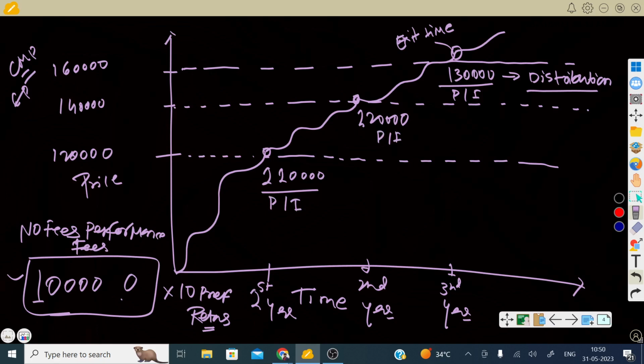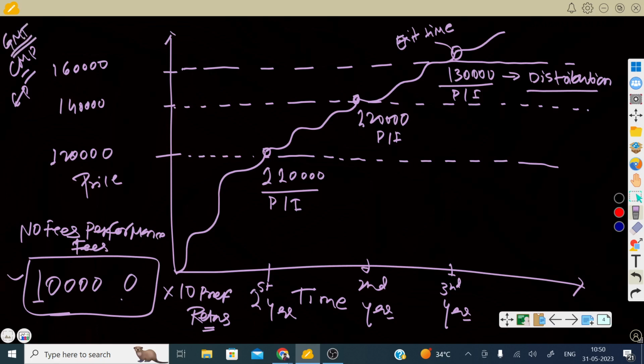And this one is the current market value of the investment. As per the valuation, every year the valuation grew like this: your 1 lakh became 1 lakh 20, 1 lakh 20 became 1 lakh 40, and 1 lakh 40 became 1 lakh 60. So once the investment matures, at the time of redemption, let's say this investment was in the GMT company.